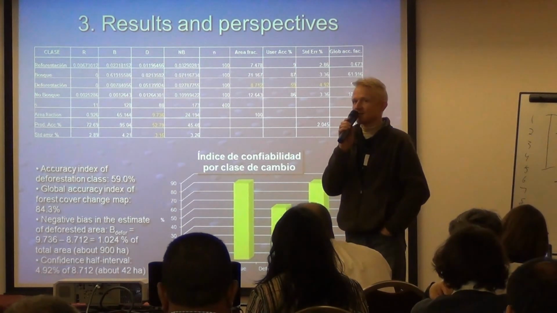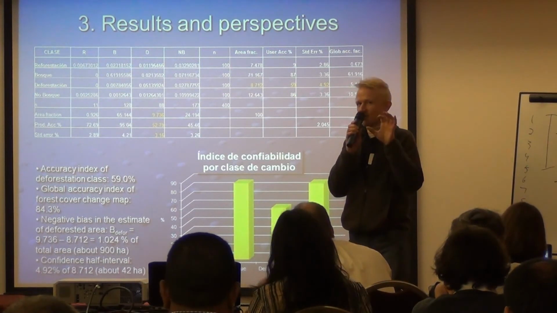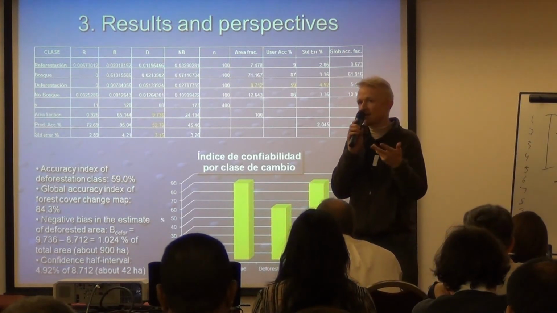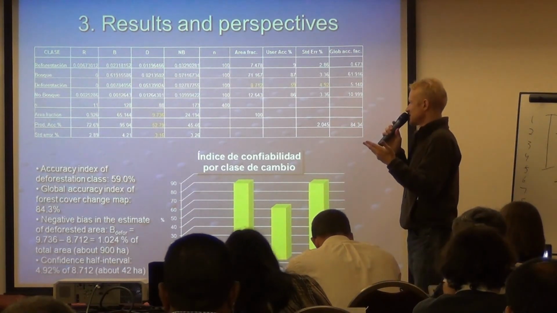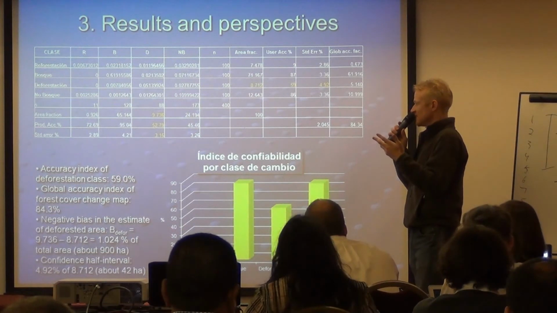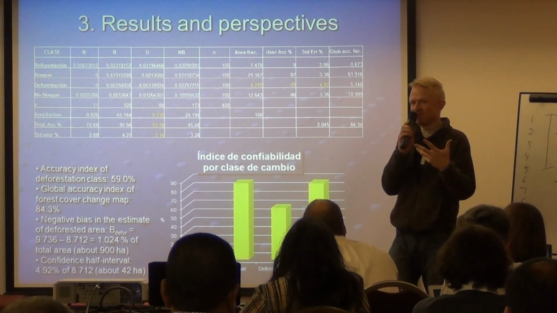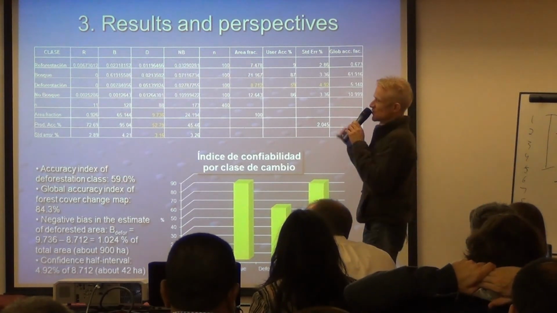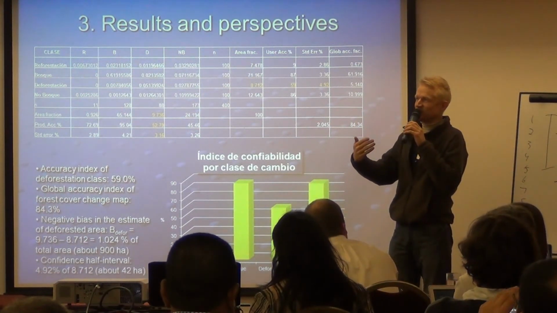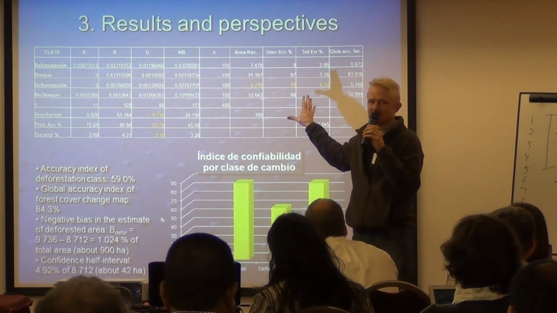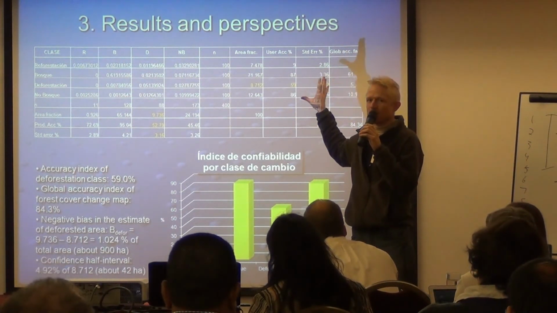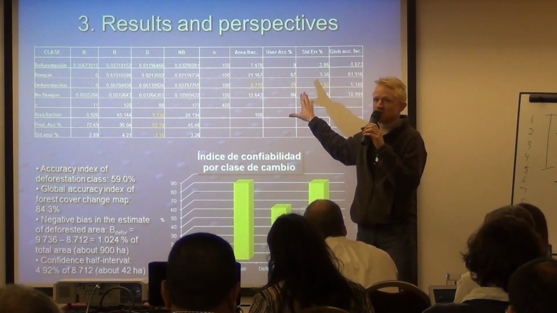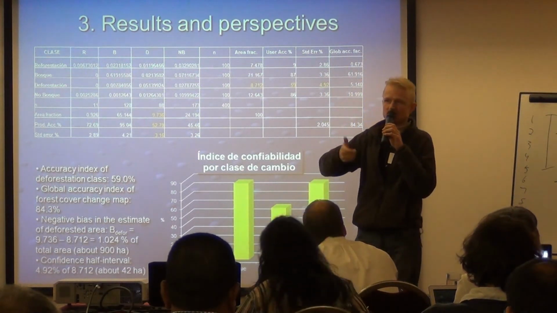But saying that the combination of the two maps, the forest change map, has a bias of 900 hectares, I believe should be mitigated by the fact that this is actually only one guess of the accuracy assessment.